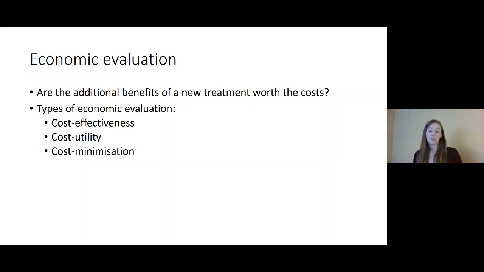The other type, which is the one that is a little bit more preferred, is cost utility analysis. And this is cost per health outcome, but in a universal way. So if you've ever seen quality adjusted life years talked about, they're usually abbreviated to QALYs. They're a little bit controversial, but what they're for is they're about taking those clinical effectiveness measures and turning them into something universal.